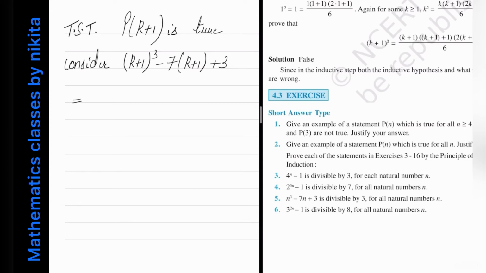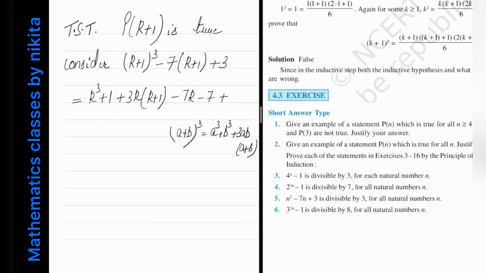A plus b whole cube is a cube plus b cube plus 3ab into a plus b. So therefore this will become k cube plus 1 plus 3k into k plus 1, then minus 7k minus 7 plus 3. Okay, इतना आ गया आपके पास. Now first of all this can be written as, so I am writing it here.